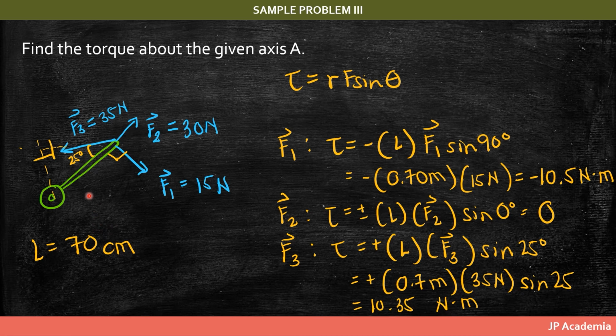And by convention, that produces a positive torque. And therefore, we have L, the length of this, F3 sine 25 degrees. So this is 25 degrees. And we need to get this one, the lever arm with respect to our pivot point A. And therefore, tau here is equal to 10.35 newton meters.